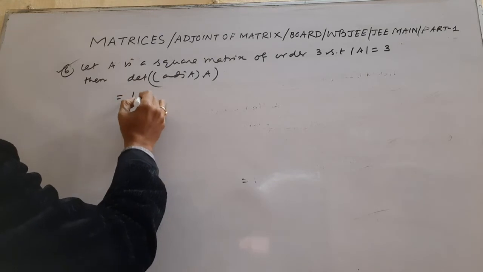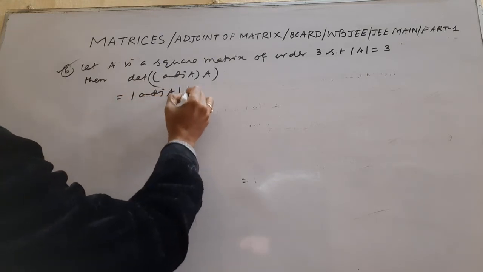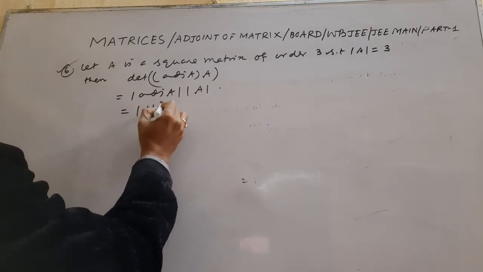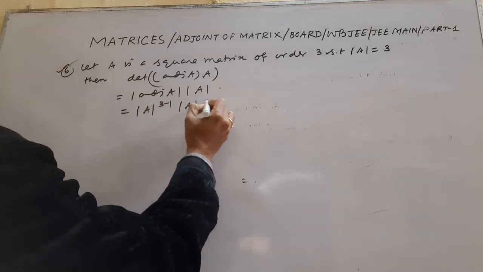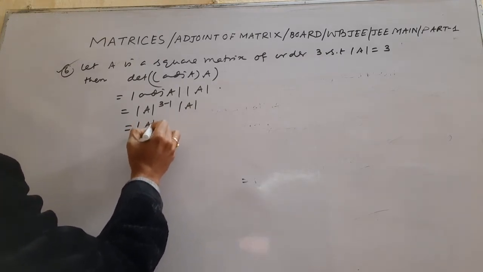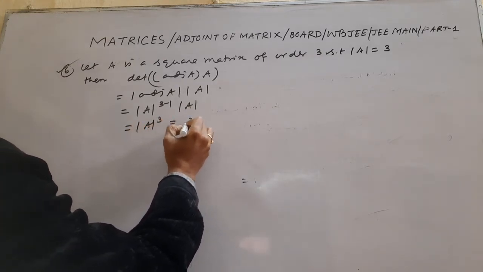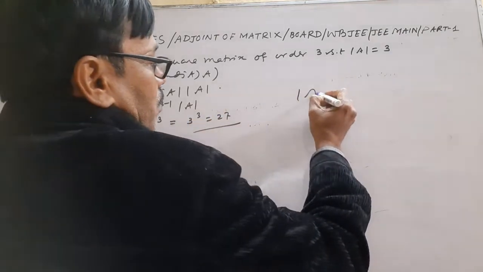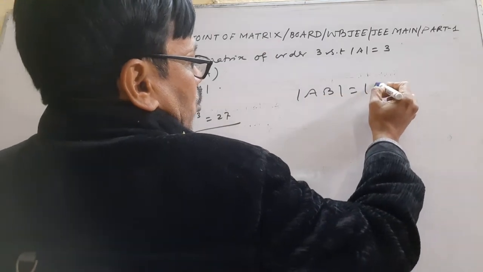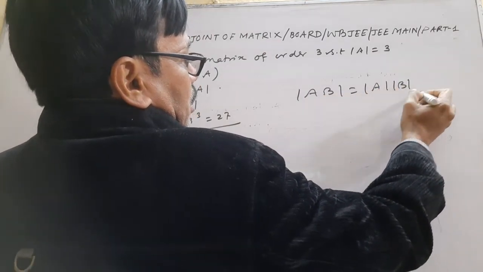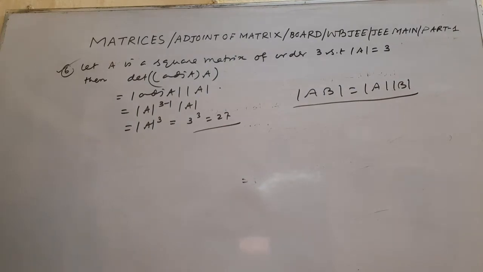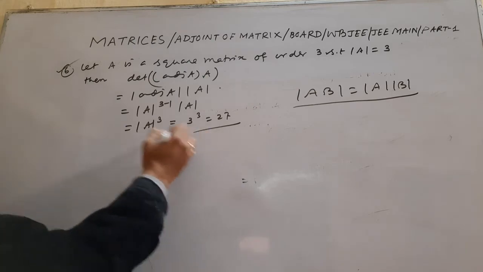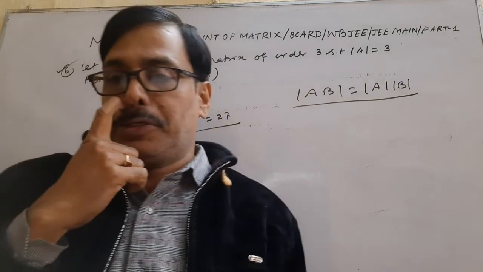Determinant of AB, you know, this is determinant A into determinant B. So this is determinant A to the power 3 minus 1 into determinant A. So determinant A cube equals 3 cube equals 27. So determinant AB, if A and B are square matrix of same order, then this theory. So these are fully based on basic theories.